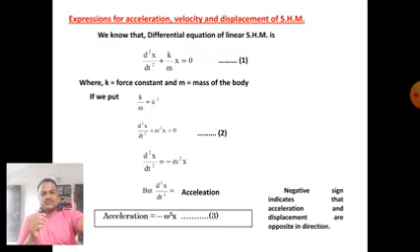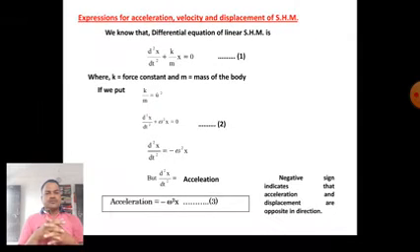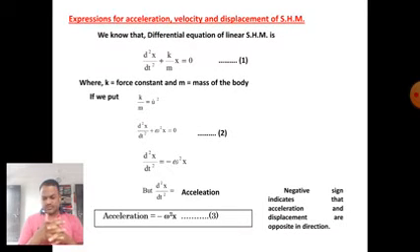In equation third, the negative sign arises because force and acceleration are directly proportional according to Newton's second law of motion. F is equal to ma, where m is the constant mass of the body.